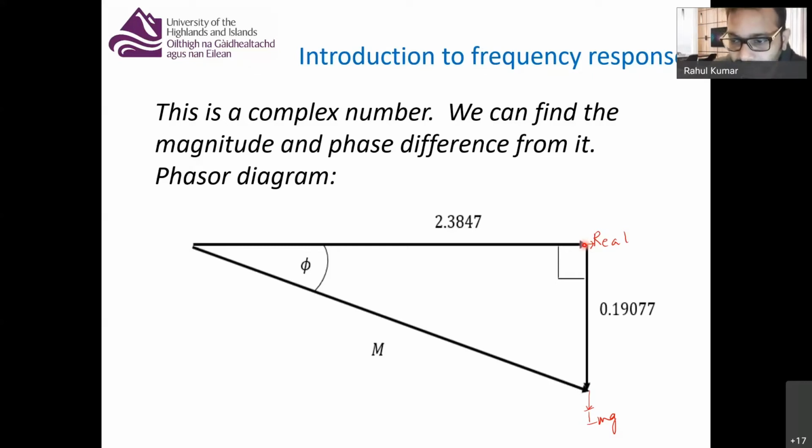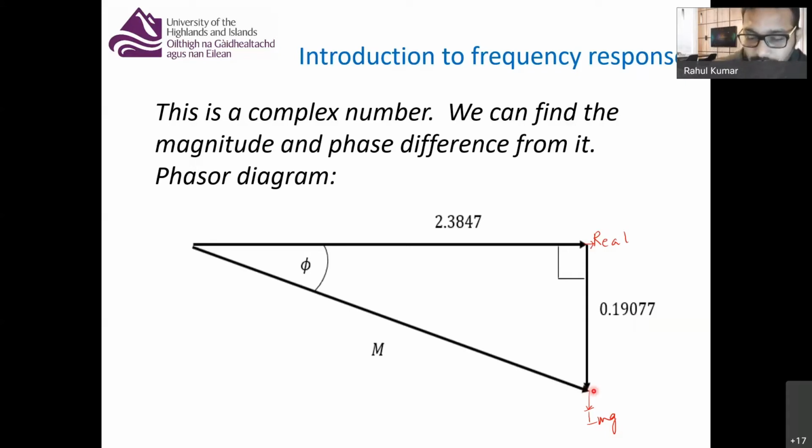And along the y-axis, similarly, according to the scale you are using and the value you have, you can decide the length along the y-axis, which is 0.1907. So that's my imaginary number, right? So I plot the real number along the x-axis and the imaginary number along the y-axis.